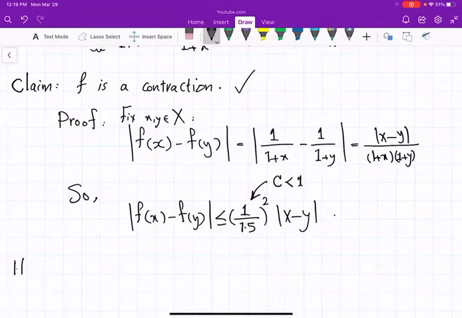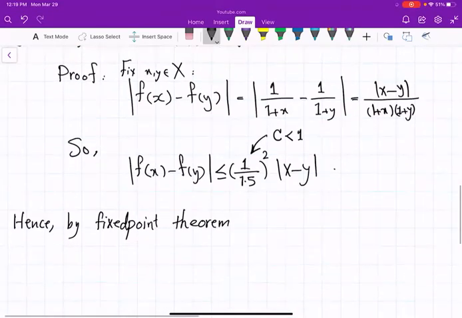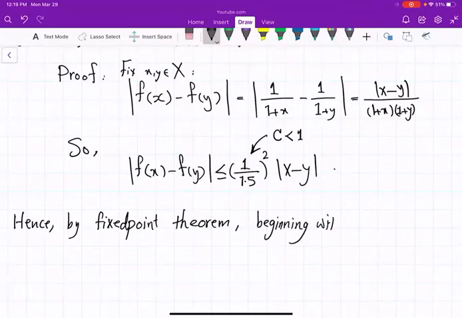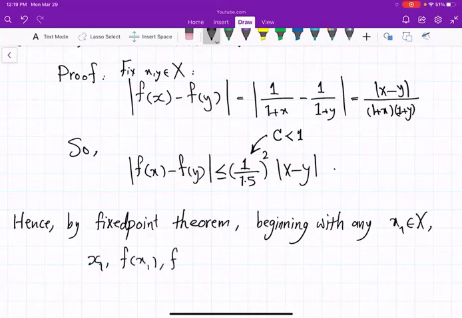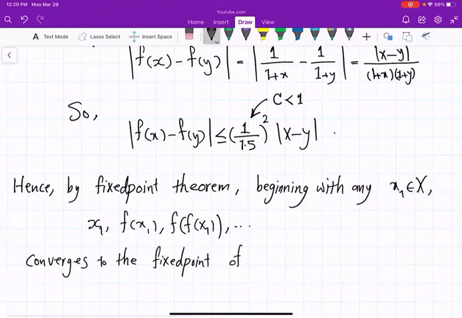So by the fixed point theorem, the stronger statement of the theorem, not just that a fixed point exists, but that beginning with any x1 inside your X, the sequence x1, f(x1), f(f(x1)), and so on, converges to the unique fixed point of f.